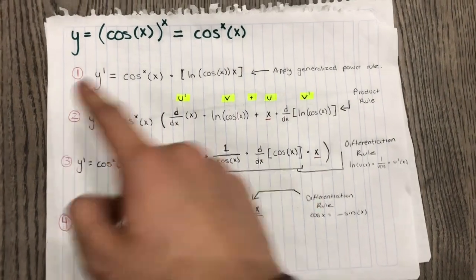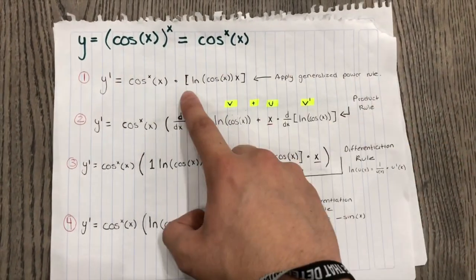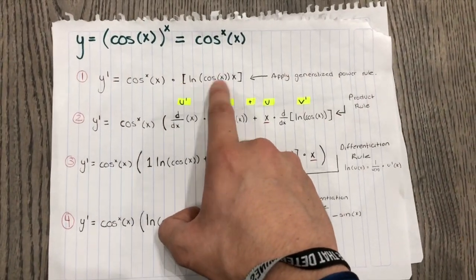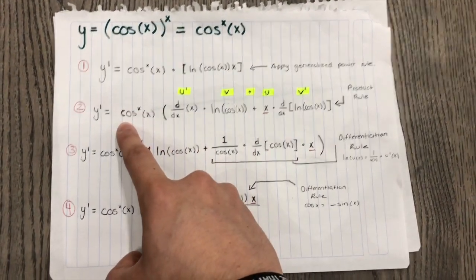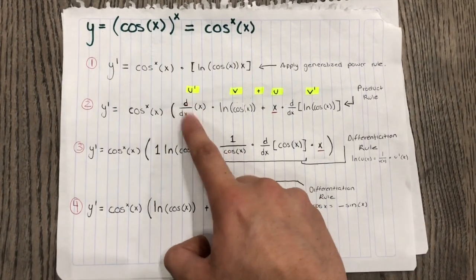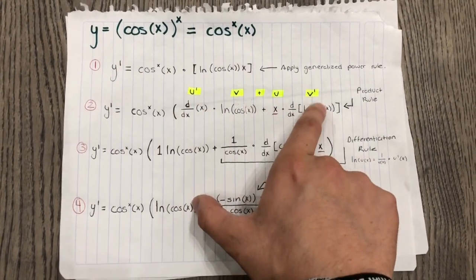The second step is to use the product rule on this part of the problem. So this passes down equally, and you apply the product rule.